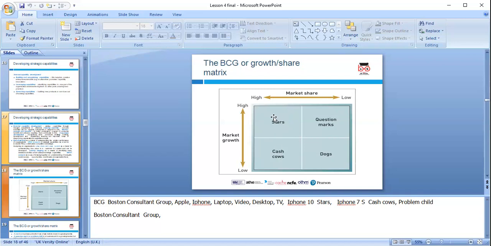So a star product means high market share and high market growth. They are growing in the market. The cash cow has low market growth but high market share, still giving us enough cash. Some products are question marks: low market share and high market growth.